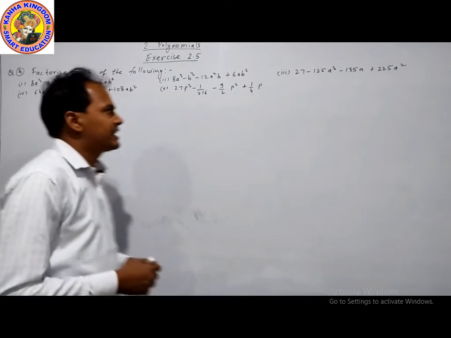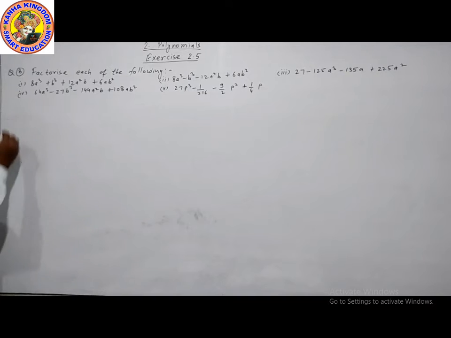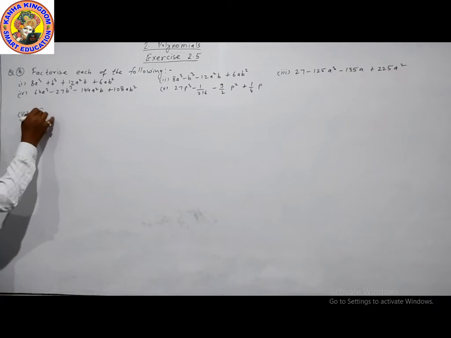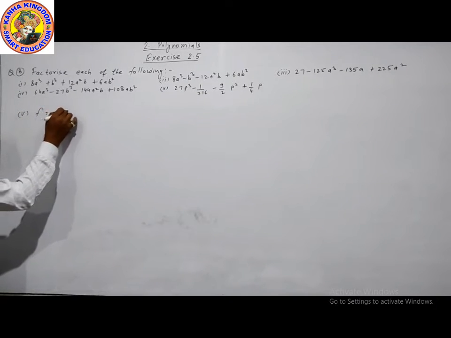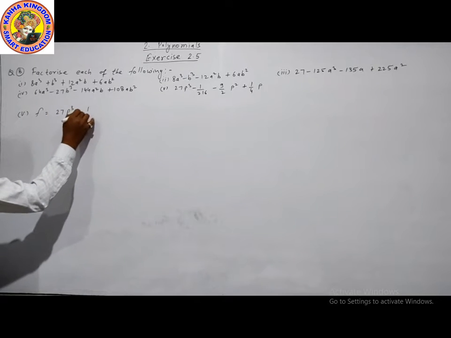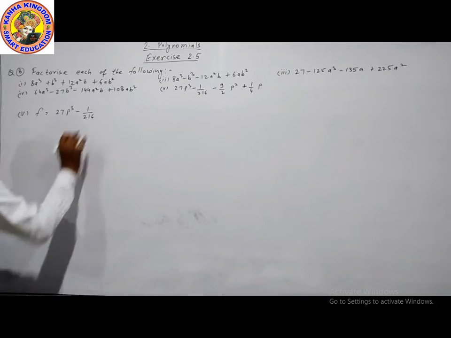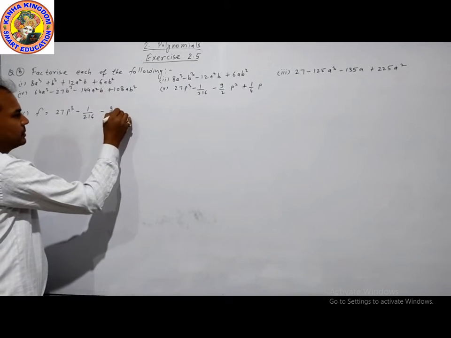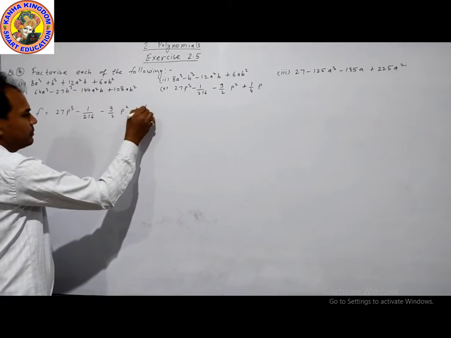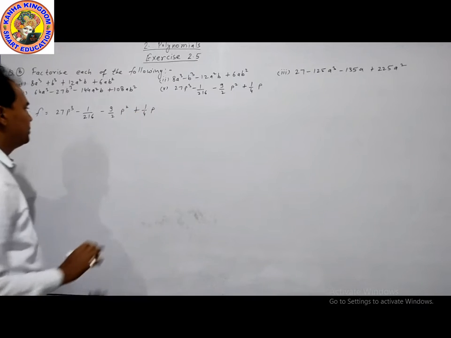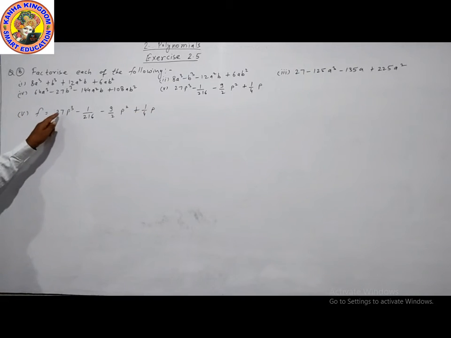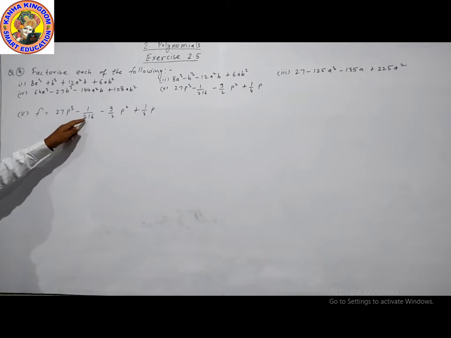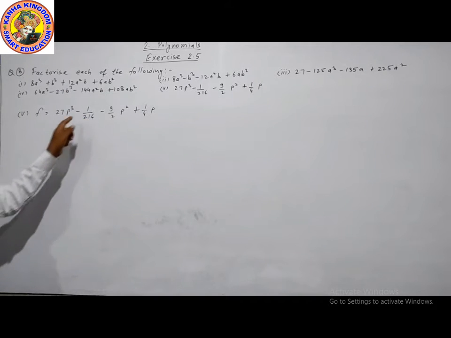Now our next part is part 5. The fifth part. The given function is 27p cube minus 1 upon 216 minus 9 by 2 p square plus 1 by 4 p. 3p cube, 1 upon 216.